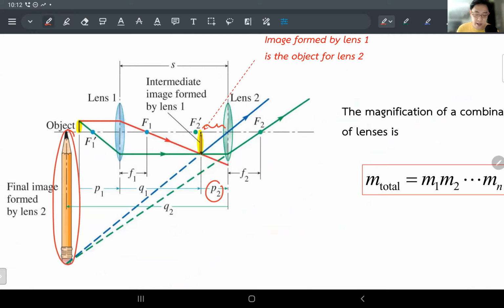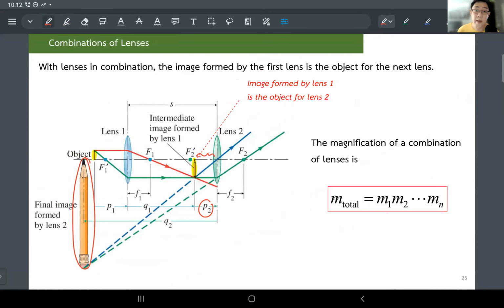And the good thing about this is, if you want to figure out the magnification, the concept is also simple. If lens number 1 gives you the magnification M sub 1, so it's M1 magnification due to lens number 1, and because you take the image from lens 1 and treat it as the object for lens 2, if lens number 2 has M sub 2 magnification, you can probably guess: your total magnification will be just the product of M1 times M2.